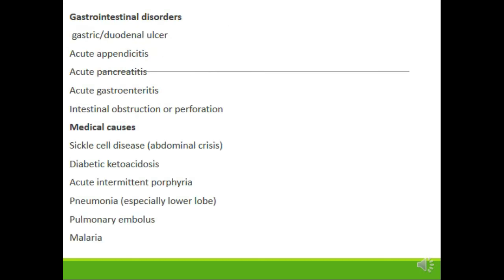Also GIT disorders such as gastric or duodenal ulcer, acute appendicitis, acute pancreatitis, acute gastroenteritis, and intestinal obstruction or perforation. Other unrelated causes are medical causes such as sickle cell disease, where an abdominal crisis leads to abdominal pain, diabetic ketoacidosis, acute intermittent porphyria, pneumonia, especially lower lobe pneumonia, and also pulmonary embolism and malaria.